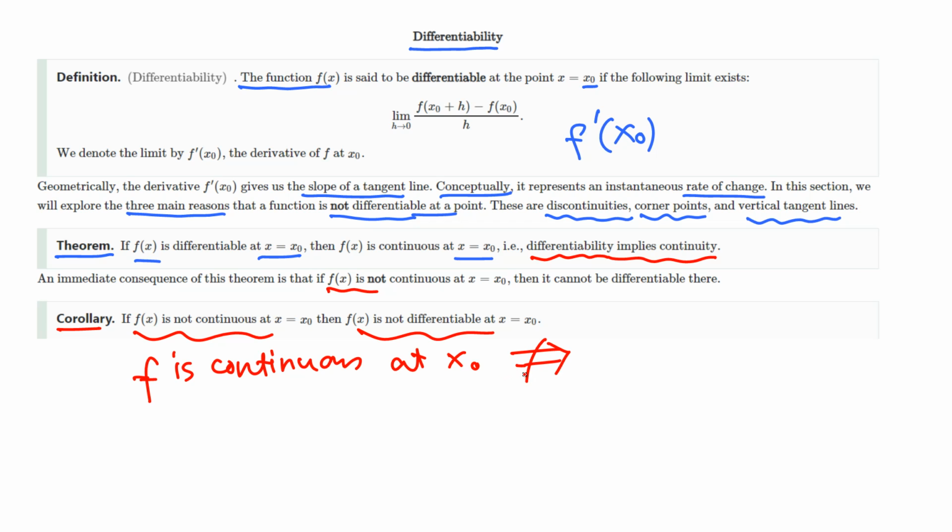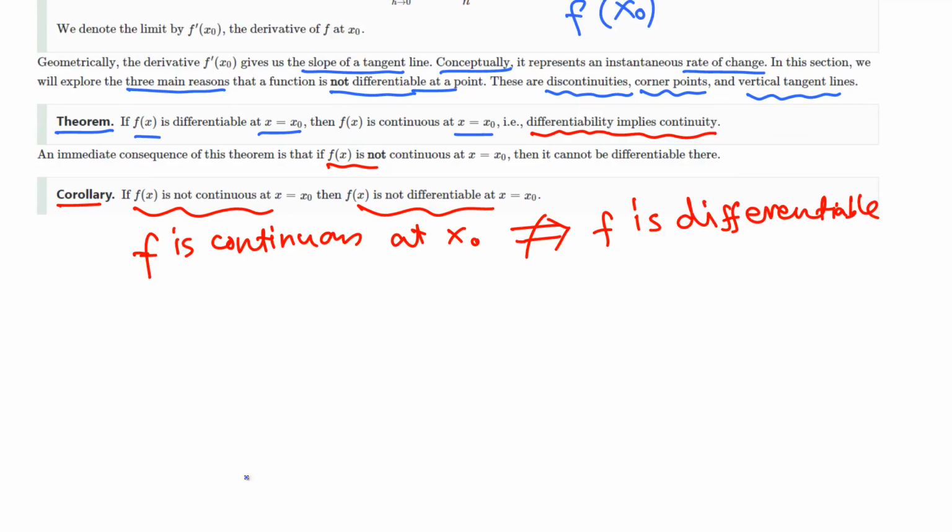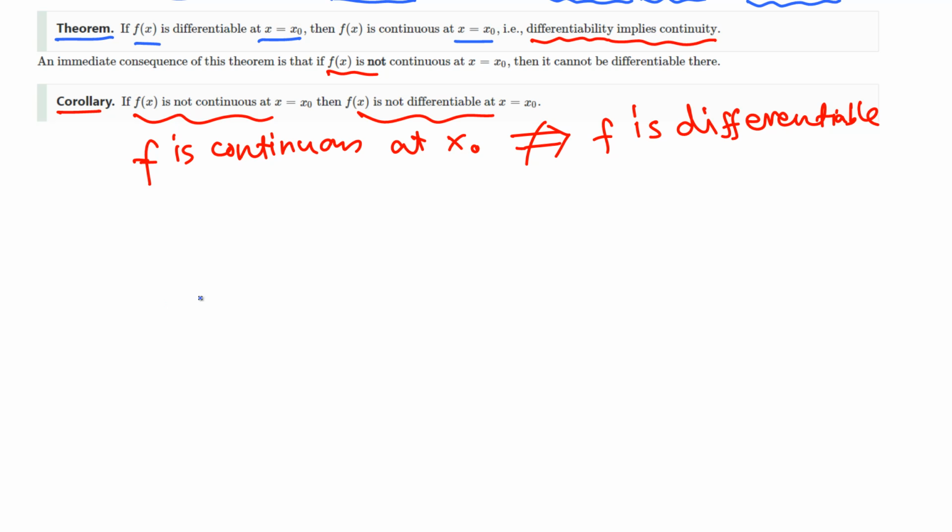It can be, but most of the time it may not be. The continuity at a point is not enough. So let me show you by graph a couple of cases where the function is not differentiable.